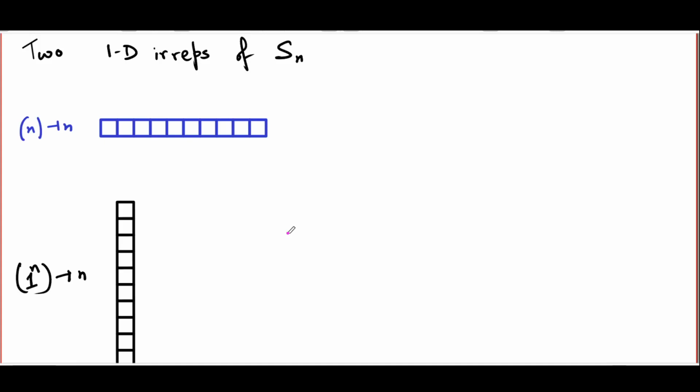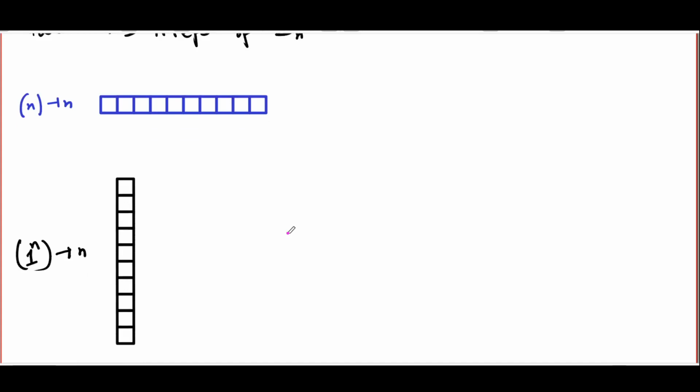So the corresponding Young diagrams for these two partitions are shown on your screen right now. (n) corresponds to n boxes in one single row, and (1^n) corresponds to n boxes, but this time 1 in each row, so you have n rows.